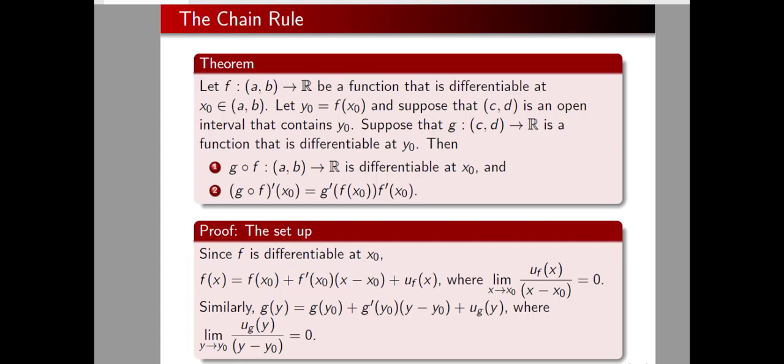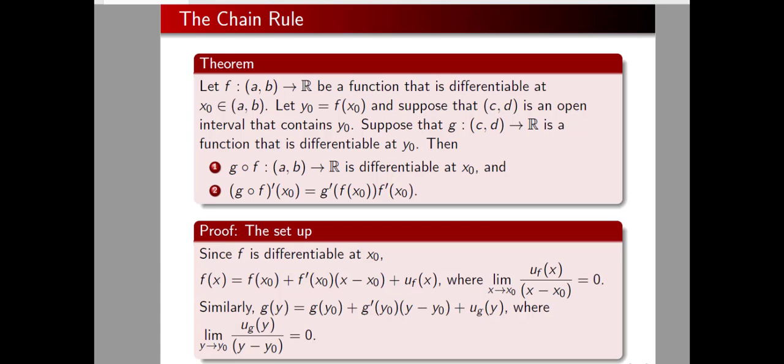Okay, the chain rule. So the setup. Since f is differentiable at x naught, f of x is equal to f of x naught plus f prime of x naught times x minus x naught plus u sub f of x, where the limit as x approaches x naught of u sub f of x over x minus x naught is equal to 0.